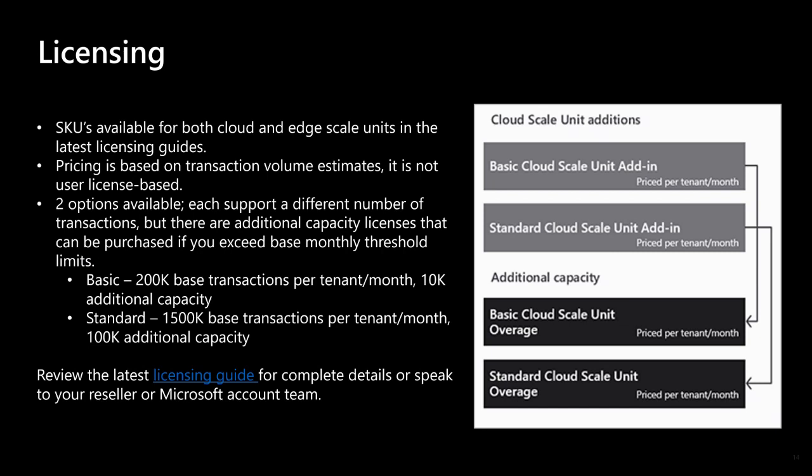The basic covers, you can see here, 200,000 base transactions per tenant per month, with an additional 10,000 transactions of capacity that can be added by purchasing these overage licenses.